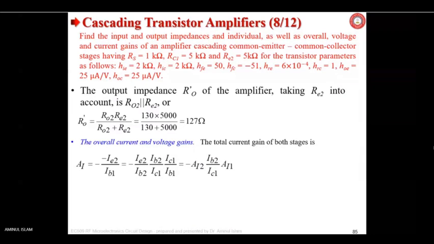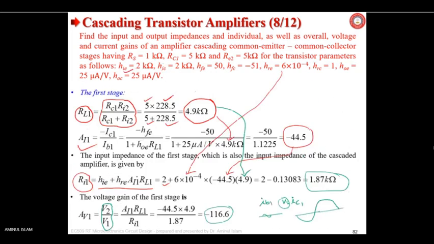Now, the output impedance RO prime of the amplifier, taking RE2 into account. So far, RE2 is not considered a load because that is considered an external load like a speaker. Now we have to consider it, then only will we find the output impedance of the amplifier. So that will be the parallel combination with RO2.